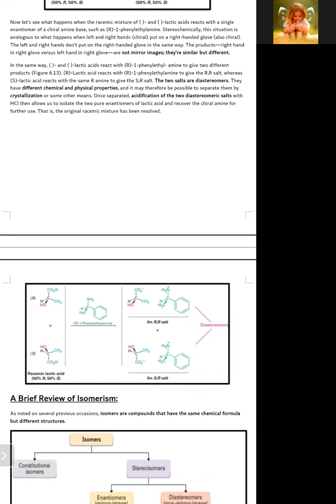Then in this structure, the R configuration of lactic acid, which is 50%, and the S configuration, 50%, react in the presence of phenylethylamine, which forms the RR salt and SR salt, which are diastereomers of each other.